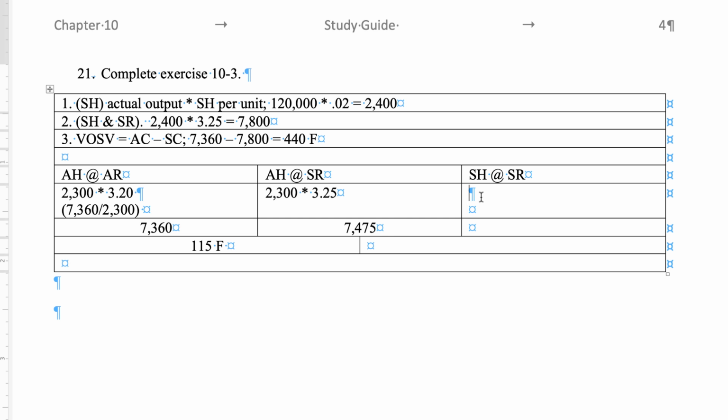So the total here should be the 2,400 at the standard rate. Well, what's the standard rate? Standard rate's still the $3.25, which ends up giving me my 7,800.